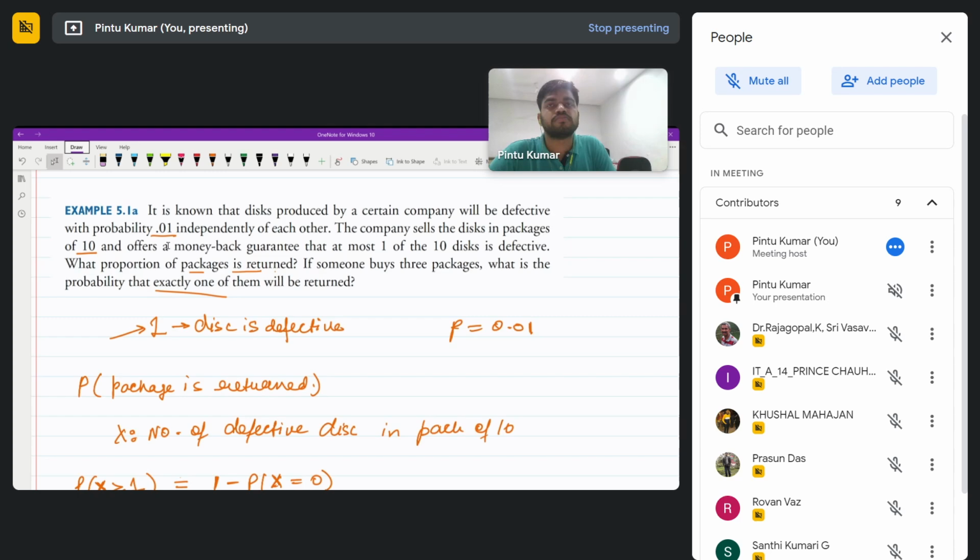Sir, is it like that? The Bernoulli will apply in the last stage where they asked if I am buying three packages, what is the probability that one I will return?